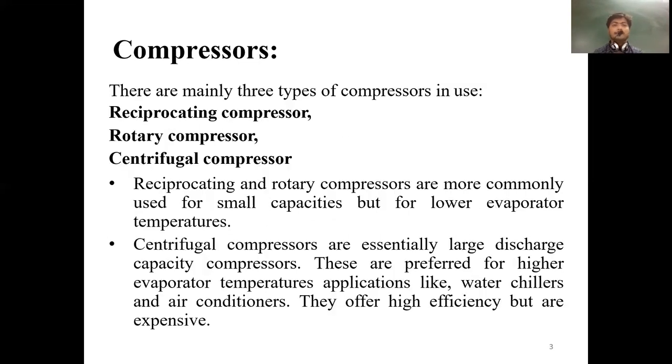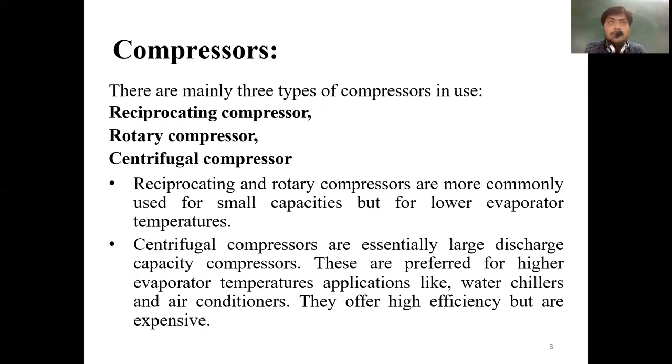Basically, compressors are of three main types. First is the reciprocating compressor, which we already know. Second is the rotary type compressor, and third is the centrifugal type compressor, in which centrifugal force compresses the refrigerant. Reciprocating and rotary compressors are more commonly used for small capacities and low evaporator temperatures. But centrifugal compressors are used at large discharge capacity.